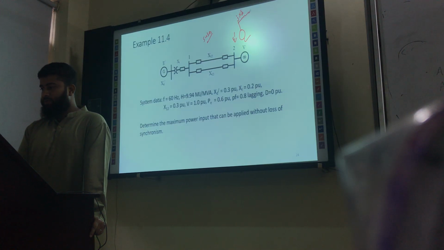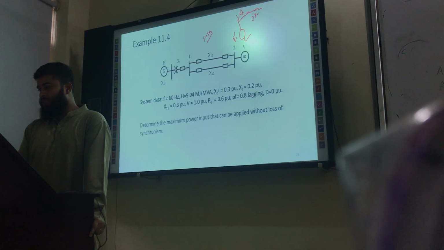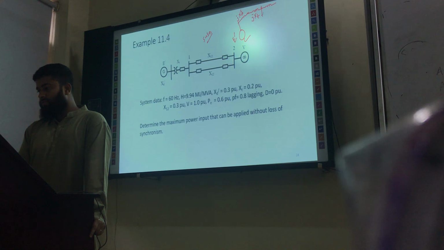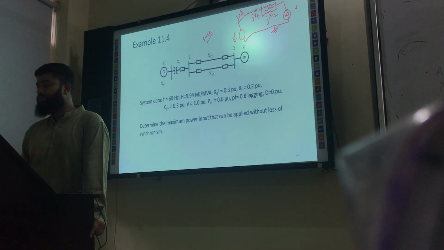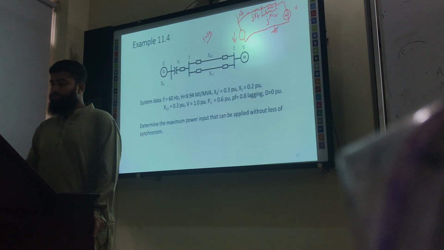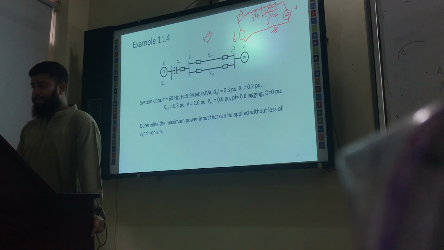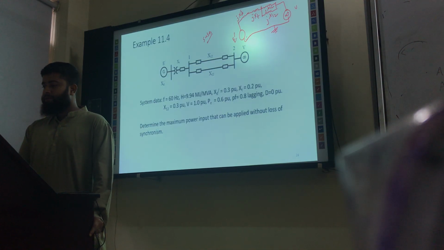Then we also have the transformer reactance jXT, and we have the double circuit line, where both reactance values are jX1. Finally this is connected to the infinite bus, so this is the infinite bus voltage, and that should be connected to the ground. This is the equivalent circuit diagram.